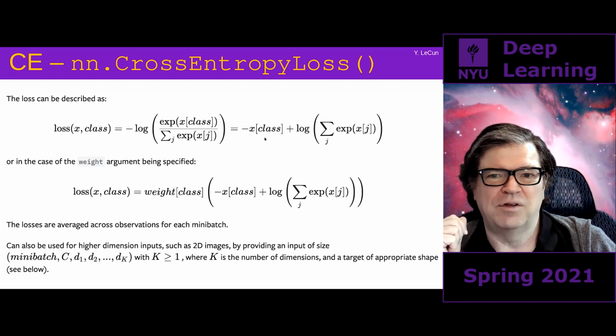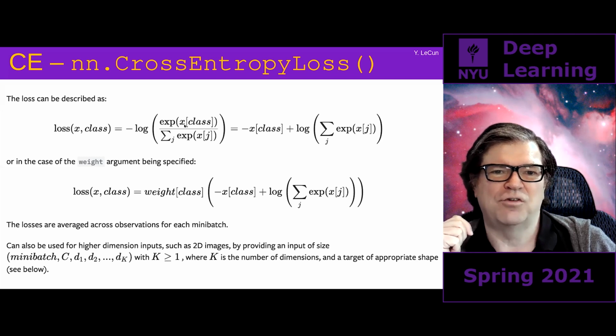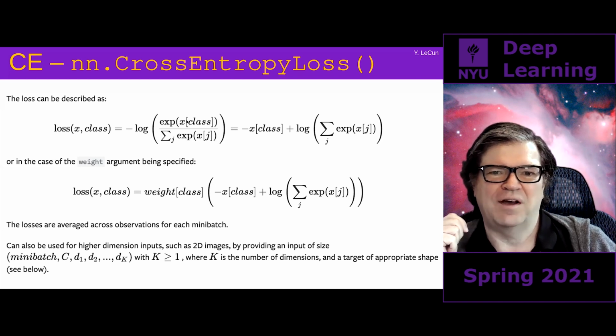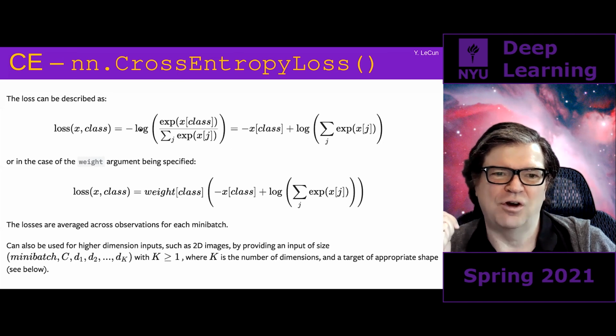I can develop this if I take the log of this exponential. The log of a ratio is the difference of the logs, so I can write this as log of the numerator minus log of the denominator. Now the numerator is log of exponential, which cancel each other, so I just get the score of the class with a minus in front. This is the first term. The second term is the so-called log partition function, which is minus the log of the denominator.